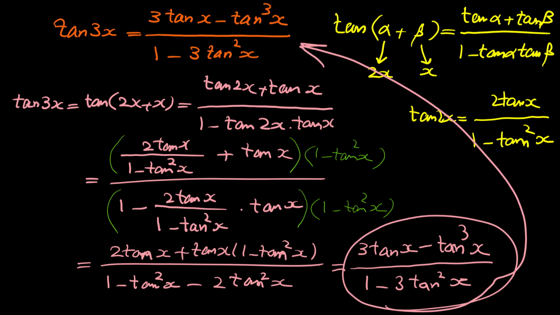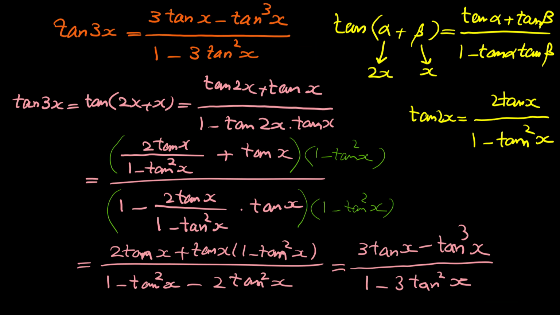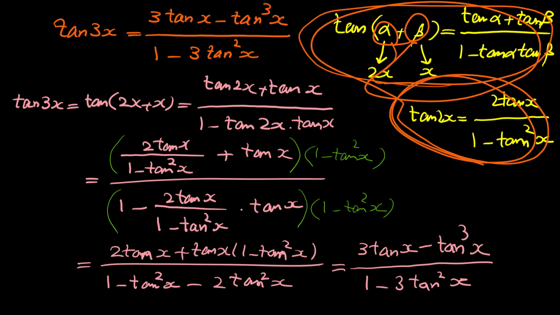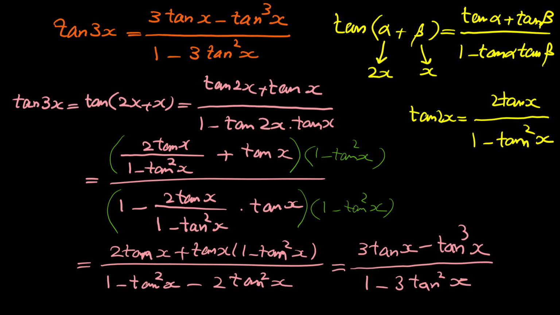We got to the other side. So we proved this identity, that tangent of 3x equals 3 tangent x minus tangent cubed x all over 1 minus 3 tangent squared x. And for doing this, we used this formula, tangent of sum of 2 angles, and also we used this double angle identity for proving this relation.